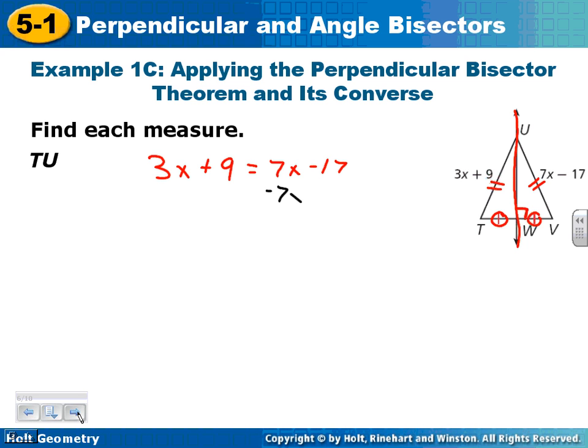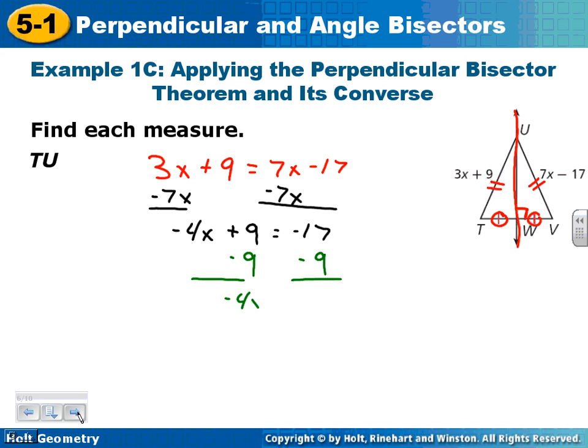Solve that. I would subtract 7x from both sides. That gives me negative 4x plus 9 is negative 17. Subtract 9 from both sides. Negative 4x would equal negative 26.